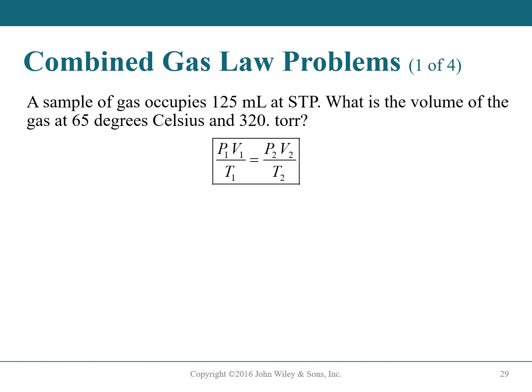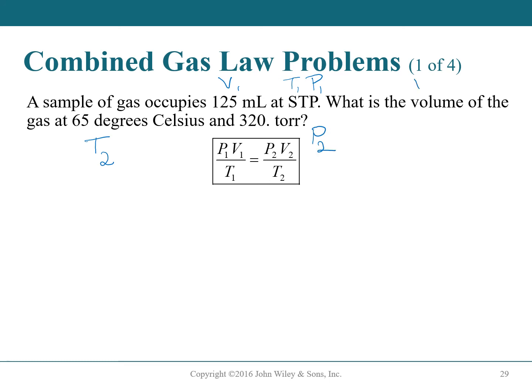Here, a sample gas occupies 125 milliliters at STP. So here's my volume at standard temperature, that's T1, and pressure, that's P1. What is the volume of the gas at 65 degrees Celsius? That's T2. And 320 torr, that's P2.